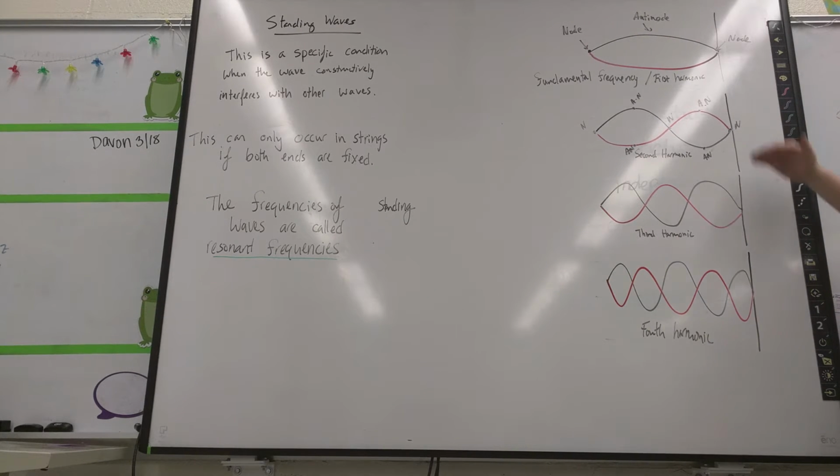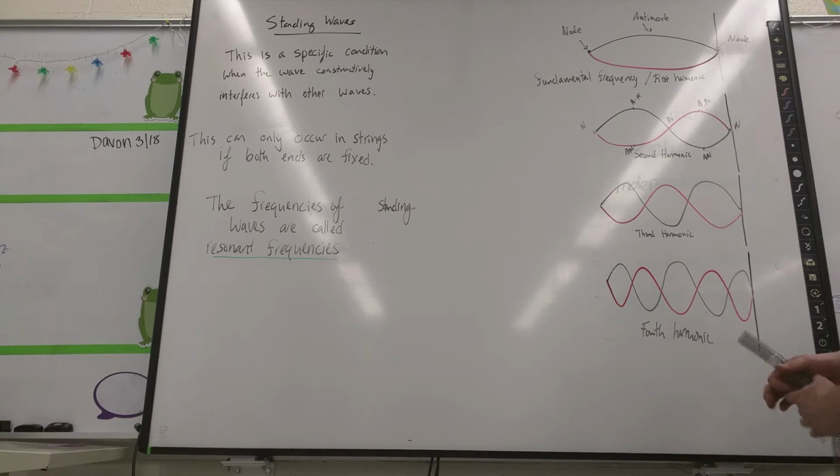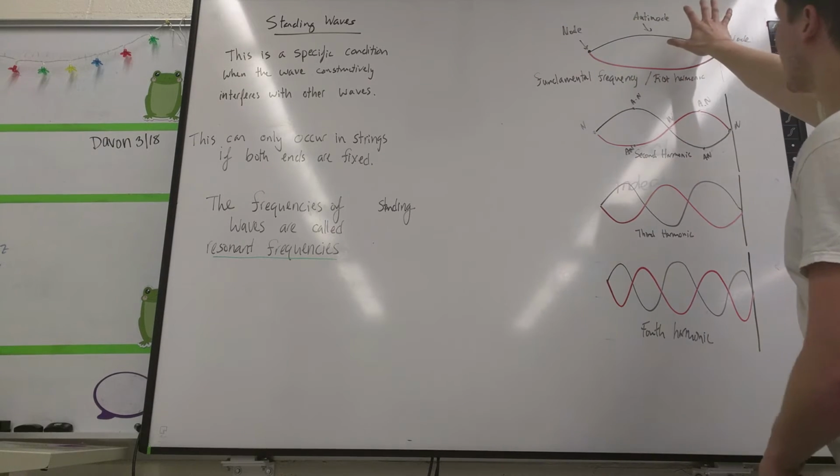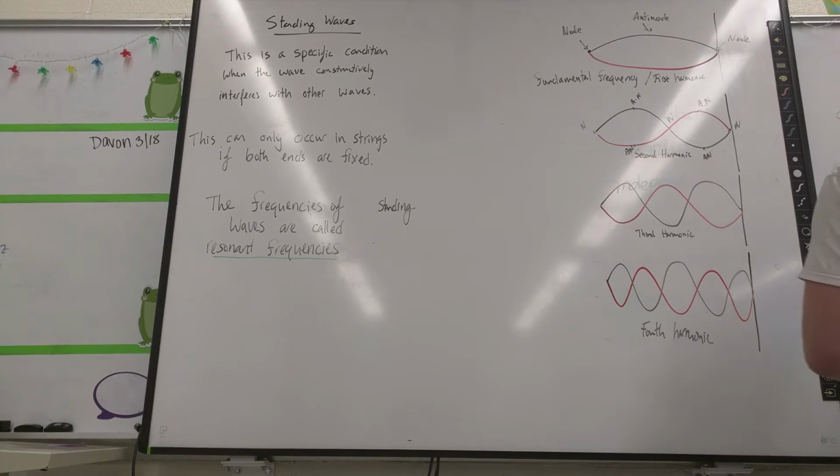And it follows that with every step down, or if you see more waves in this fixed string, I'd have to oscillate it at an even larger frequency. All of these are resonant frequencies, but this one here is our fundamental frequency because this would be the very minimum frequency in order to get a standing wave.